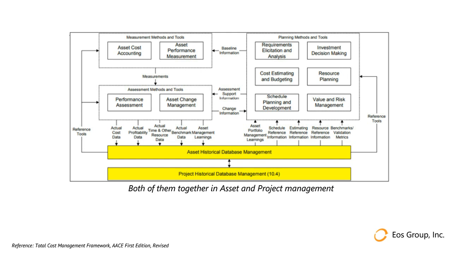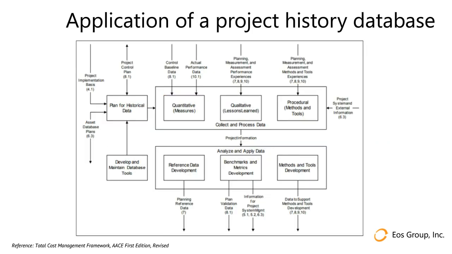But use of the data and creating a project history database and managing a project history database are two separate things, and it's easy to focus on the application of that history. And so what we found is it's not that it's not possible without a management system, but the collection and storage of project history can be very difficult.